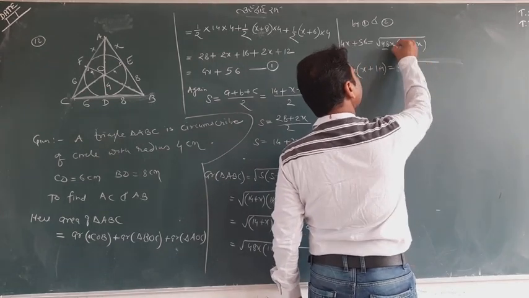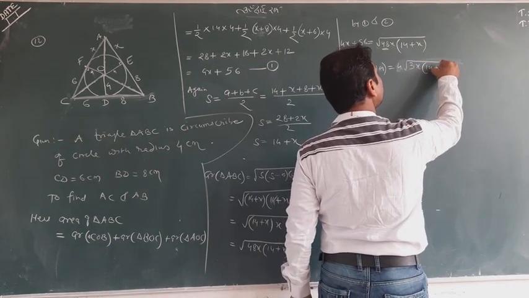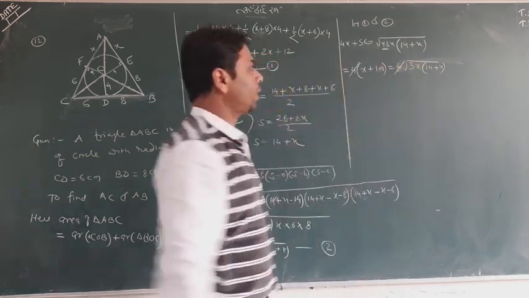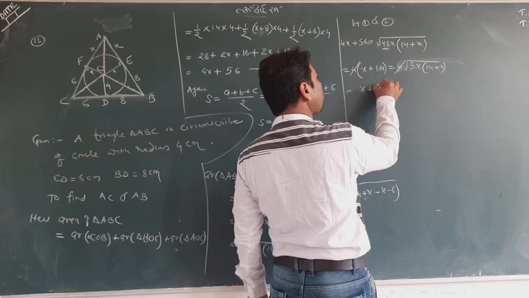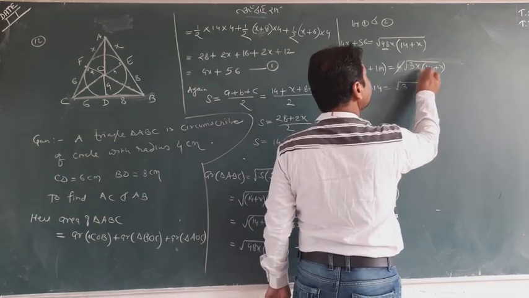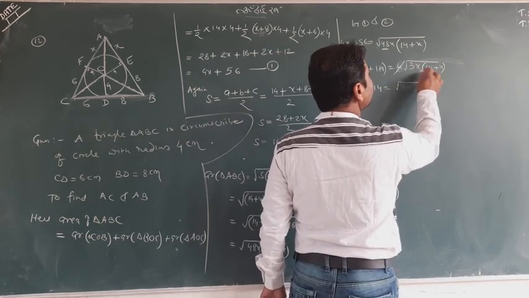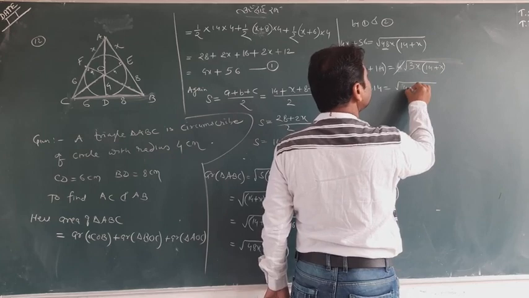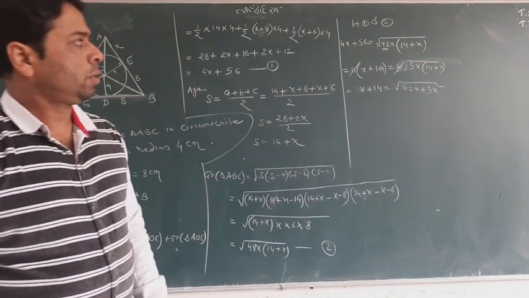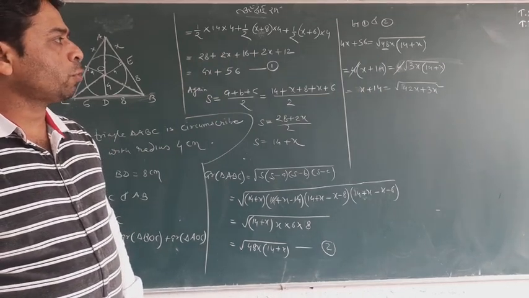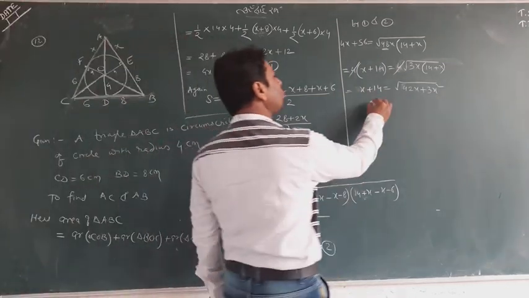Inside only 3 remaining, and x plus 14. These 4 cancel. Now I have x plus 14 and 3x, I multiply here, this is going to be 42x plus 3x square. Now square both sides.